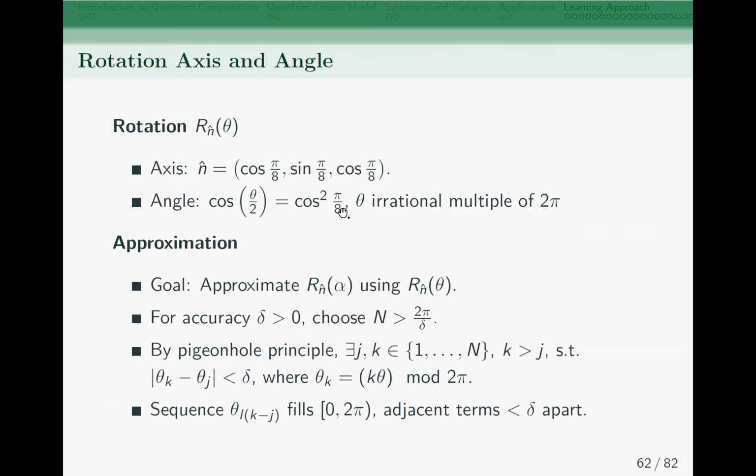And the result is that the solution of this equation, theta, will be irrational. By the way, this is another non-trivial fact. The solution for this equation, theta, will be irrational. I mean, if there's no square here, then theta is irrational, an irrational multiple of 2 pi.